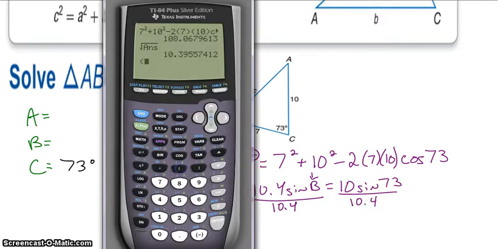I'm actually going to do them separately so I don't have to worry about the parentheses. So I've got 10 times the sine of 73. Divide that by 10.4. Should look kind of funny, but once I do the inverse sine and get the angle by itself, I get about 67 degrees.